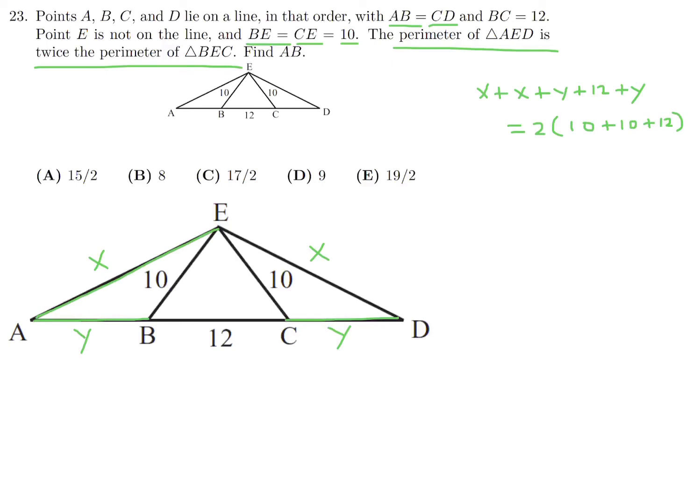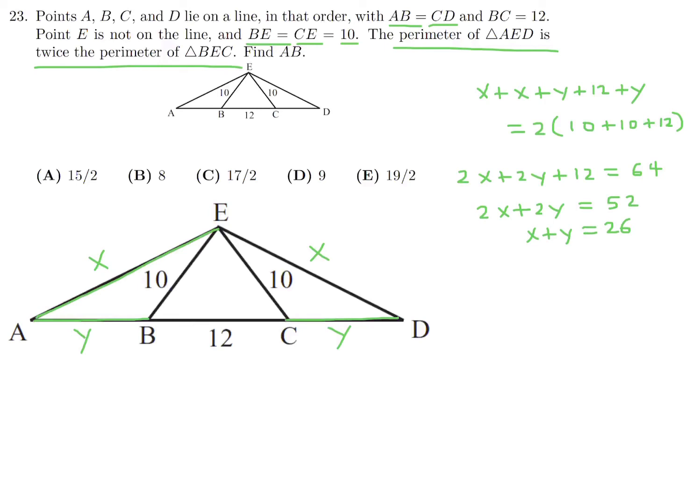All right, directly from the diagram. So this becomes 2x plus 2y plus 12 is equal to 64. 10 plus 10 plus 12 is 32 times 2. So this means that 2x plus 2y is equal to 52, and therefore x plus y is equal to 26. Okay, so that's our first piece of information.